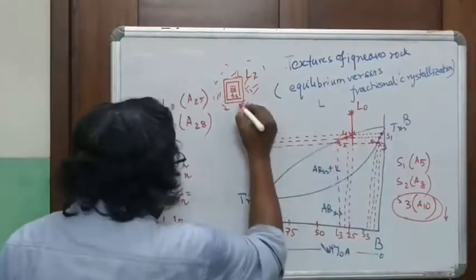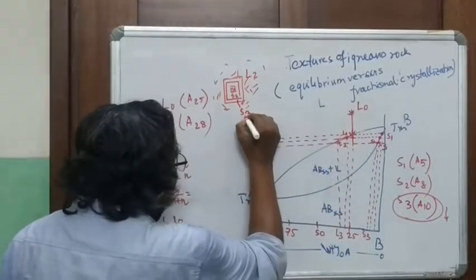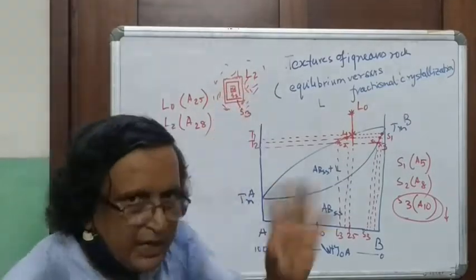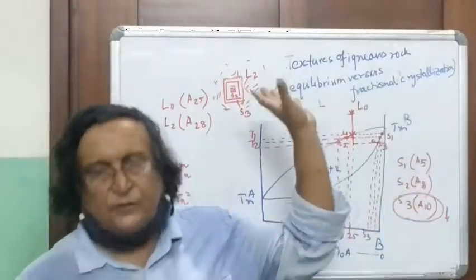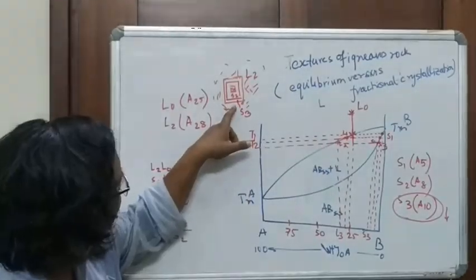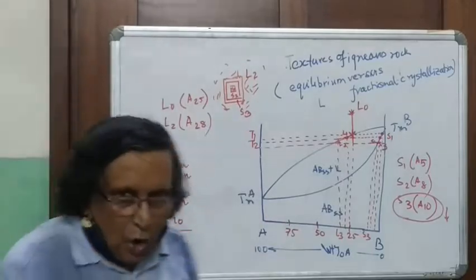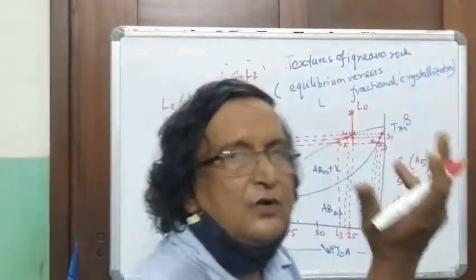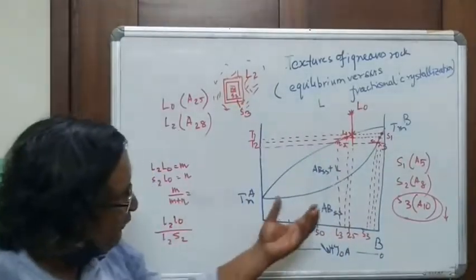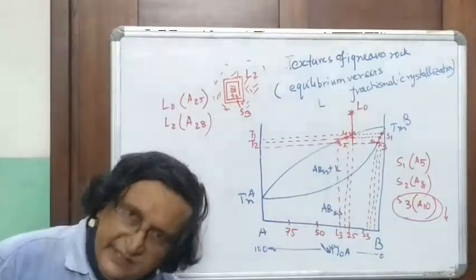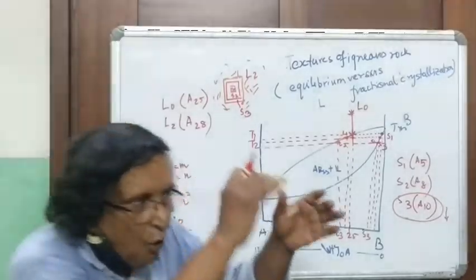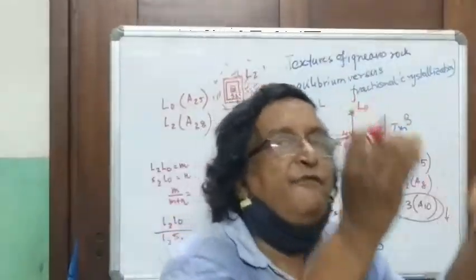So this is your S3. This is not because of a reaction between S2 and L2, no, because S2 did not react with L2. But S3 can form as a layer or a coating around S2. So S3 can form as an independent crystal, or it can form as a coating on an early formed crystal.